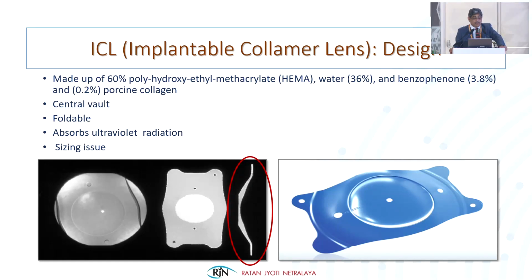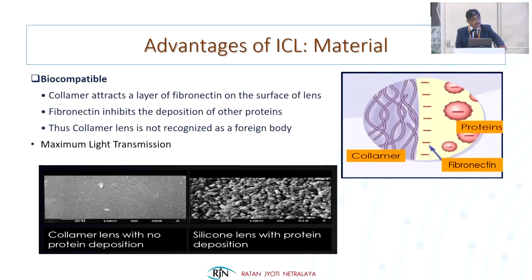And this is a foldable lens, and this vault accommodates the convexity of our crystalline lens. It is a foldable lens and it absorbs UV radiation, but the important thing is the sizing. The advantage of this material from Star Surgical is that it is a polymer material and it attracts fibronectin.